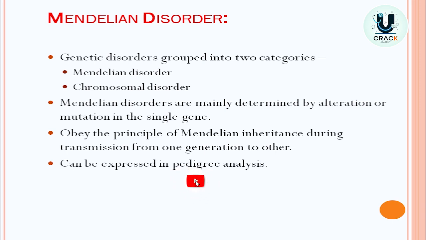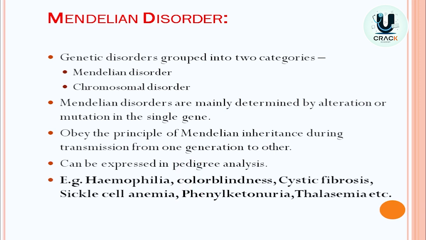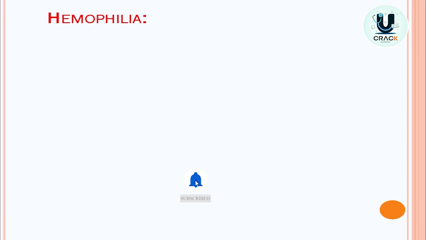It can also be expressed in pedigree analysis. Examples are hemophilia, color blindness, cystic fibrosis, sickle cell anemia, phenylketonuria, and thalassemia.